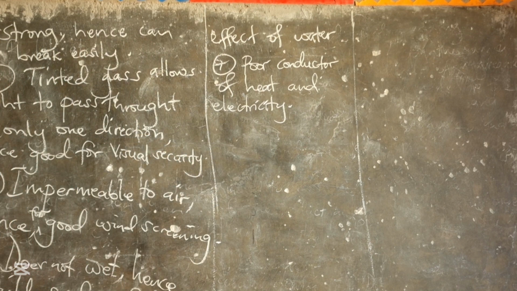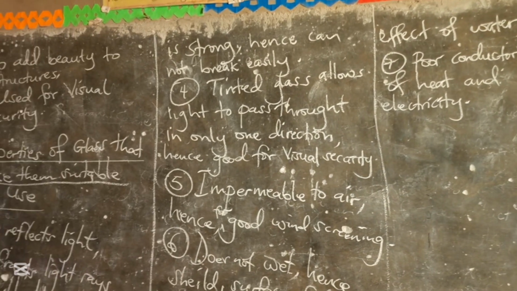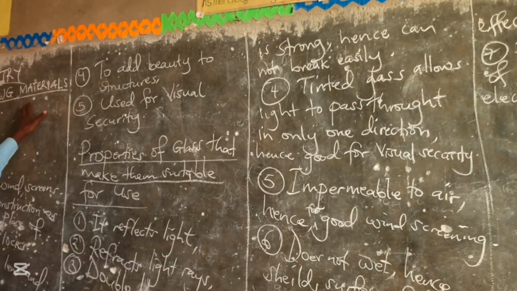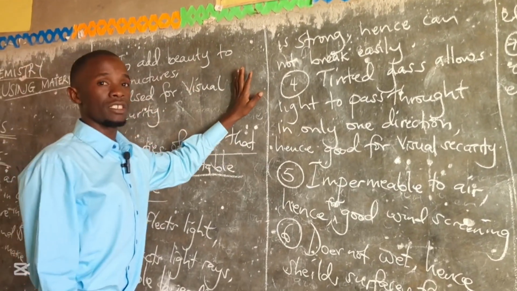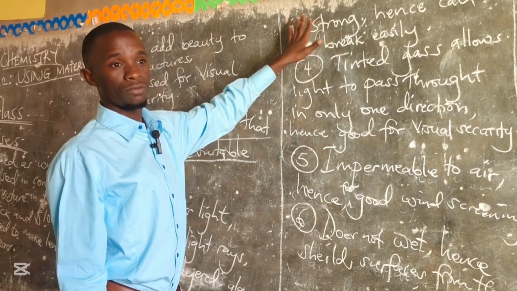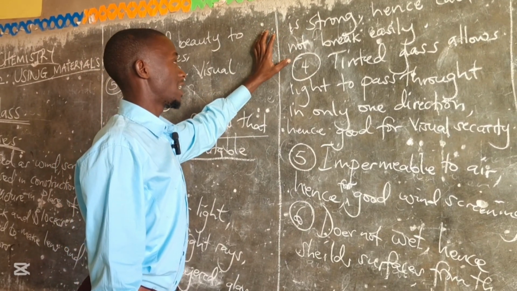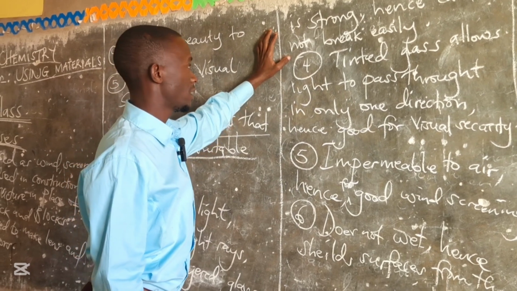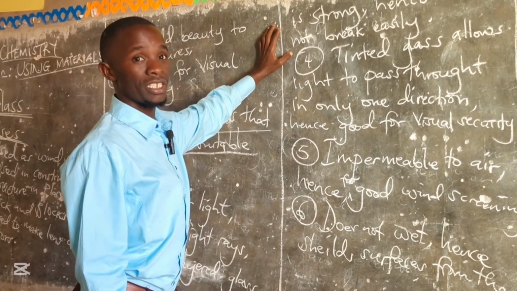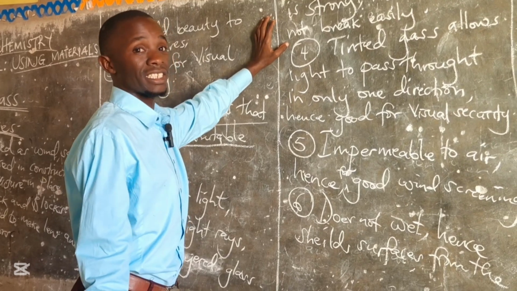These are some of the properties that make glass suitable materials, and we are looking at using materials in the topic. I've so far covered some good number of synthetic materials. They are man-made. This glass is made out of sand, heated at very high temperatures with sodium hydrogen carbonate till it melts. The product they always get is glass.